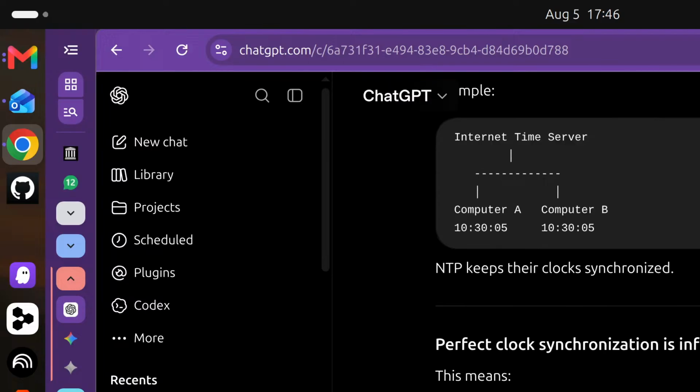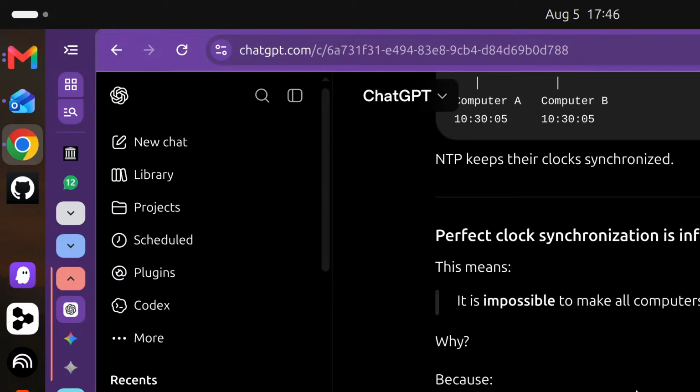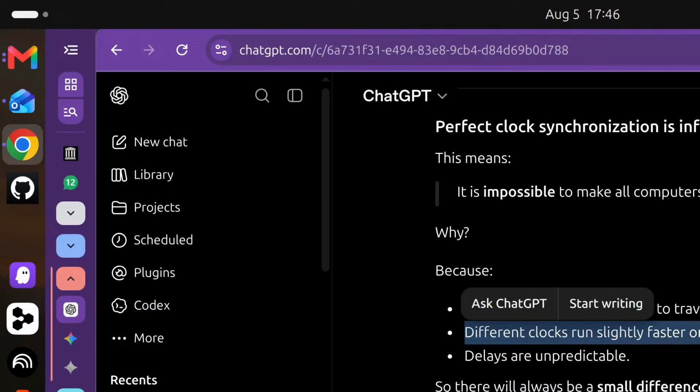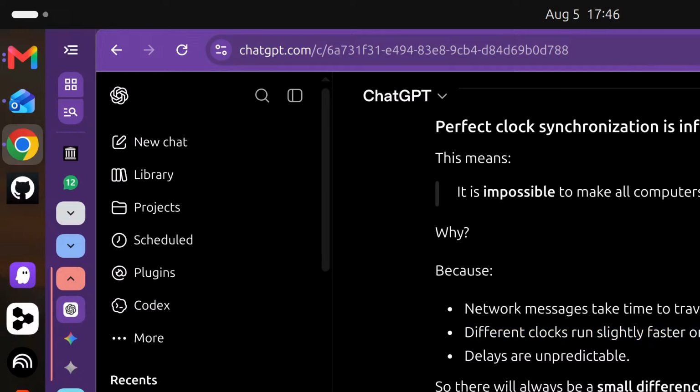Perfect clock synchronization is infeasible. This means it is impossible to make all computers show exactly the same time. Why? Because network messages take time to travel. Different clocks run slightly faster or slower. Delays are unpredictable. Clocks running faster or slower means the rate of change in their time differs.